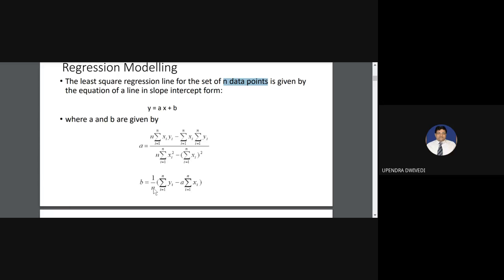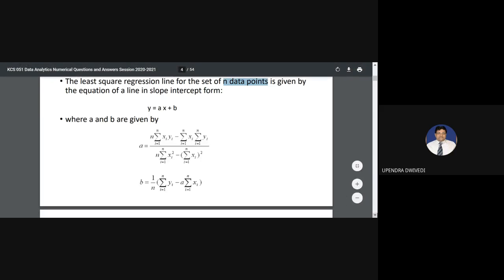Here, n is the total number of data points, y is the value of y for a given data point, and x is the value of x for a given data point. We have already calculated A, so when we put A here, we'll get the value of B.